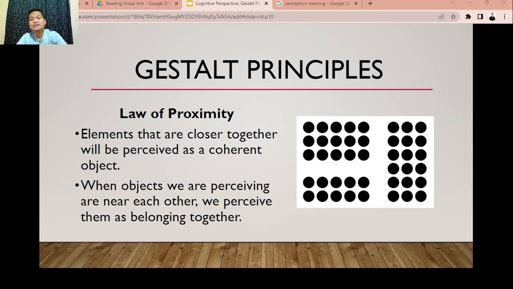So what's the connection of this to the teaching-learning process? For example, if you are teaching a concept, since the principle is that when objects we are perceiving are near each other, we perceive them as belonging together, then when you are teaching, for example, in mathematics, when you teach arithmetic, addition comes first.